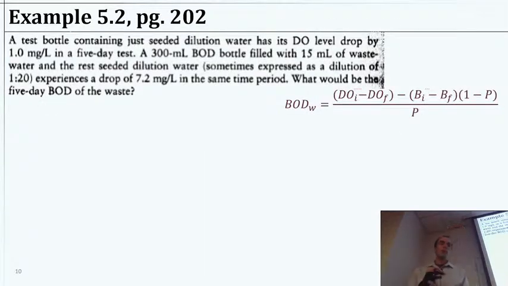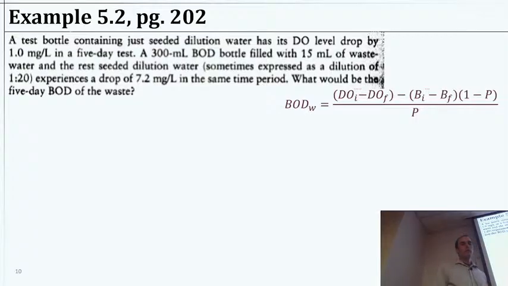Here's another problem. We have a test bottle containing just seeded dilution water. Its DO level drops by 1 milligram per liter in a 5-day test. And we have a 300 milliliter bottle filled with 15 milliliters of wastewater, and the rest is this seeded dilution water. Sometimes this would be expressed as a dilution of 1 to 20.